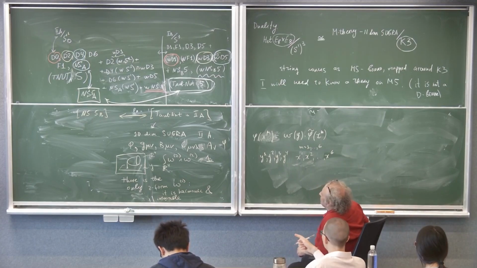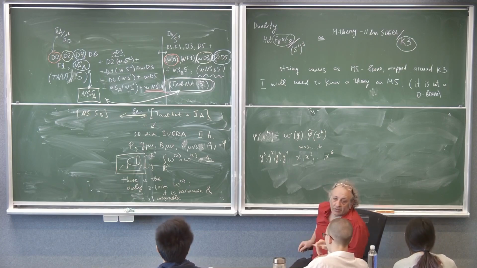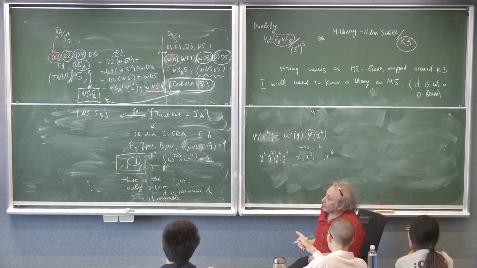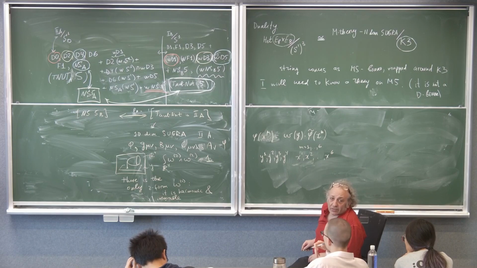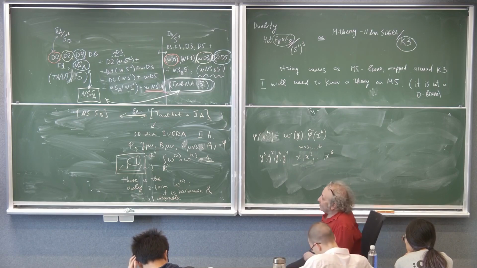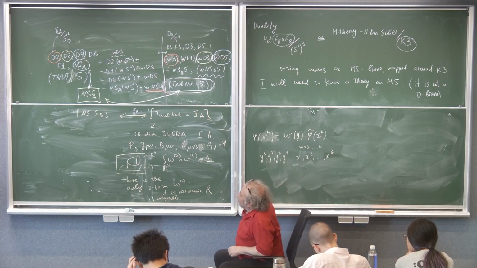Wait, this coordinate space, is it the entire four dimensions or the base? So the entire thing is 4 dimensional. Why did you write R4? It's a total space, because its topology is R4. And the base space here is R3.